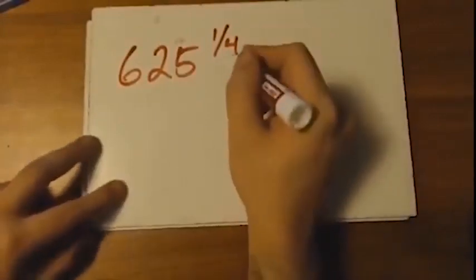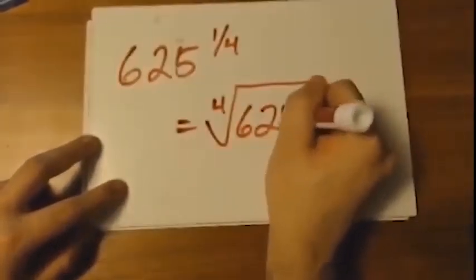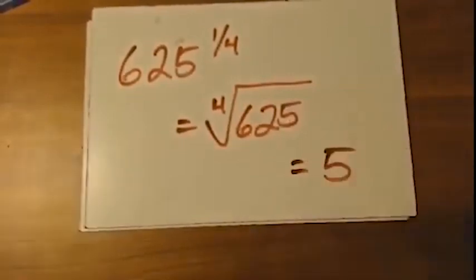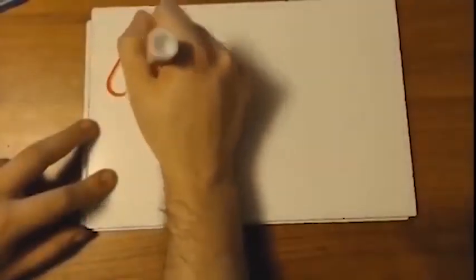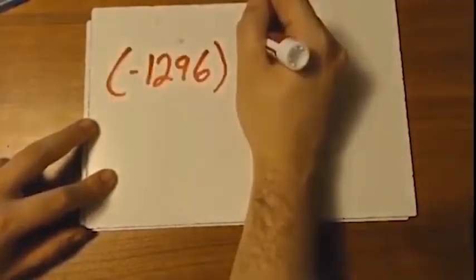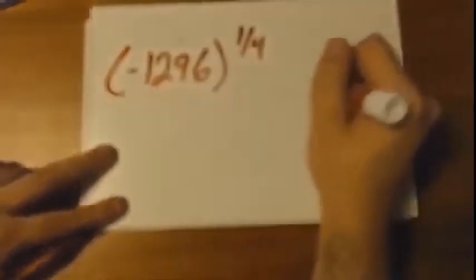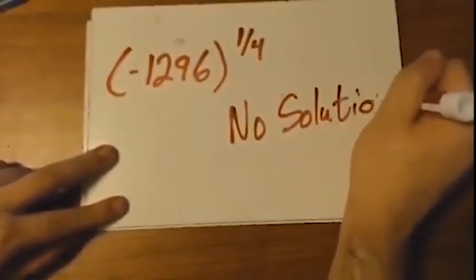This would be the fourth root of 625. And with the help of a calculator, we get that that is 5. E, negative 1296 in parentheses to the 1/4. This one, no solution, not possible, undefined.